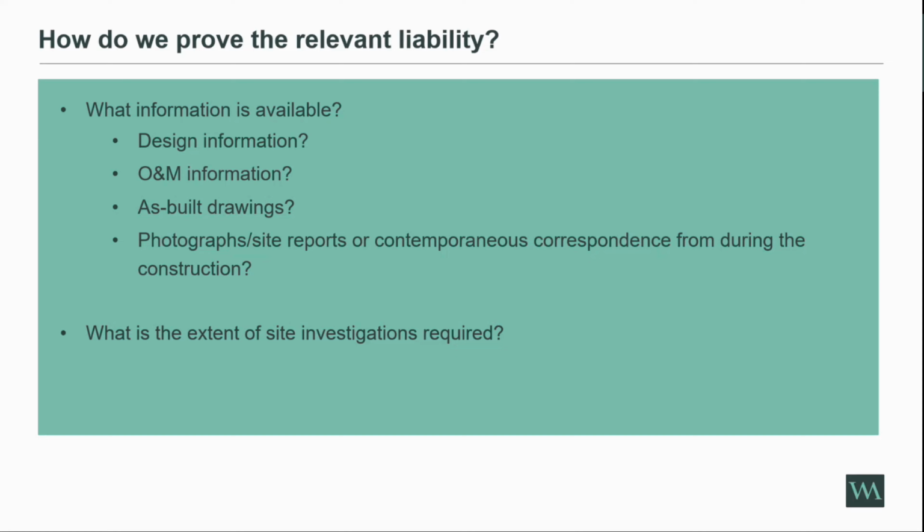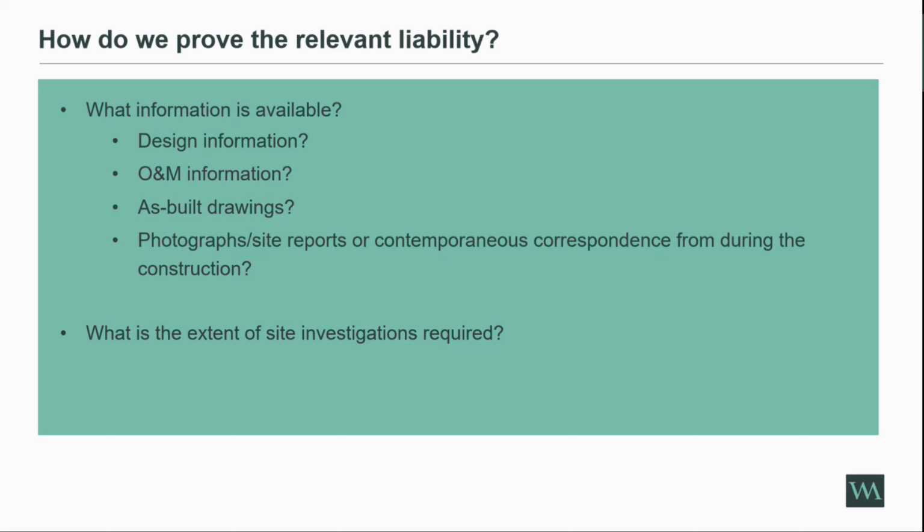All we need to prove now is, okay, what was actually constructed was either consistent with a defective design or it wasn't. And that's just that extra step that we need to show, well, what was actually built based on the design drawings.